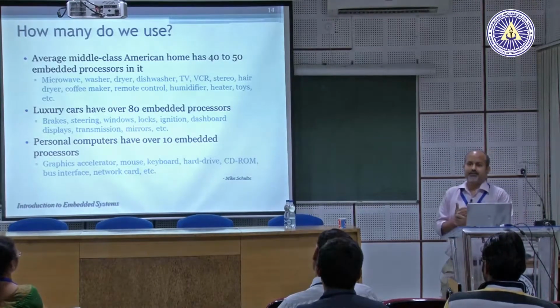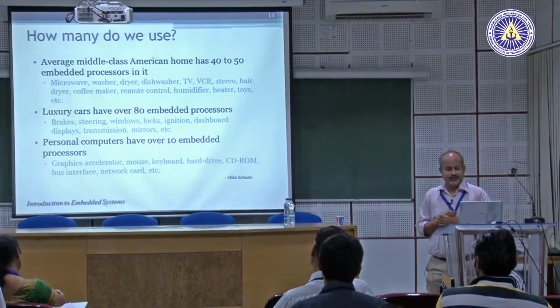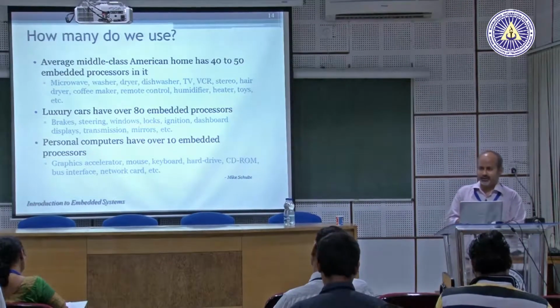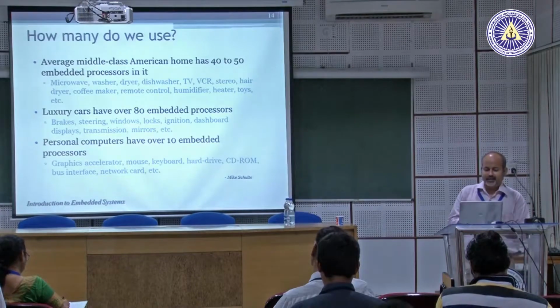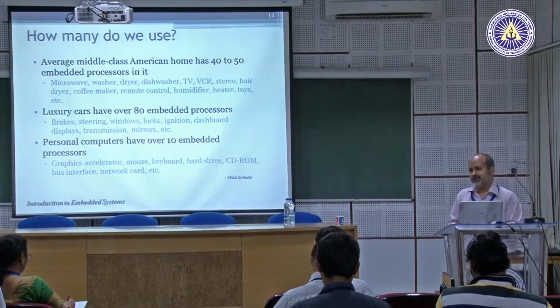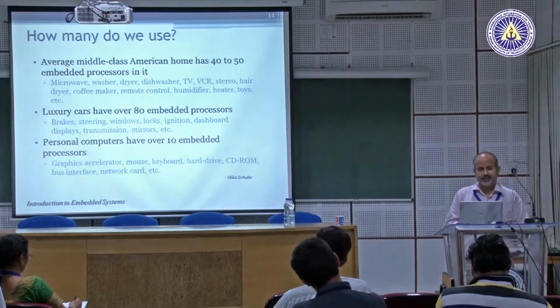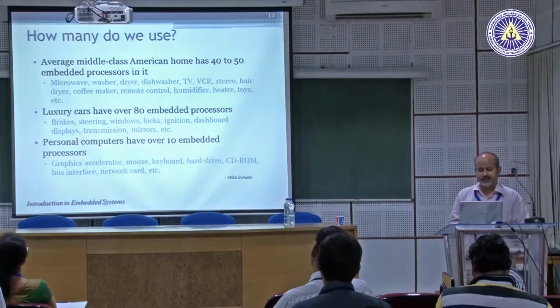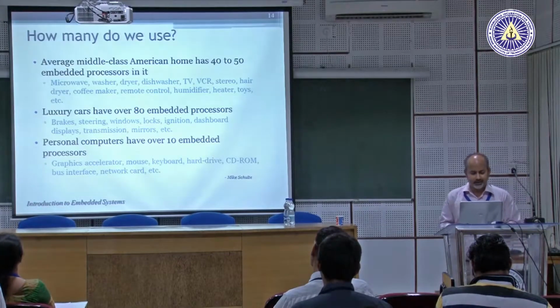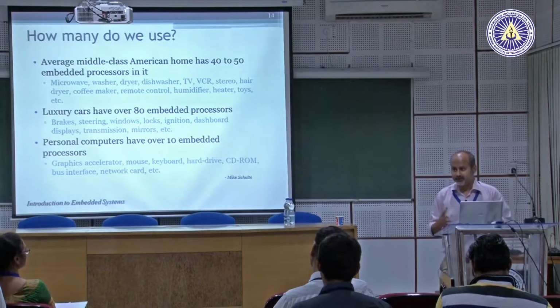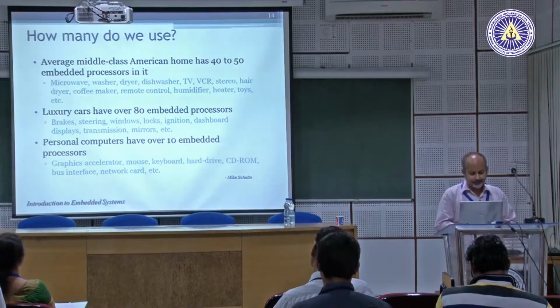As I said, modern cars have about 80 or more embedded processors, and they control everything from anti-lock brakes to steering, windows rolling down, locks and ignition, and various kinds of displays, music players and so on.